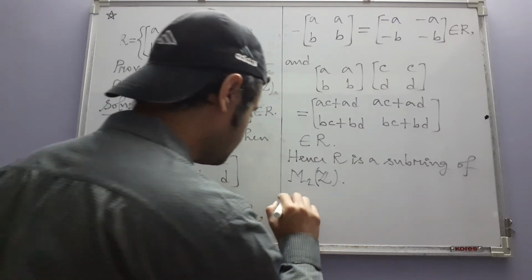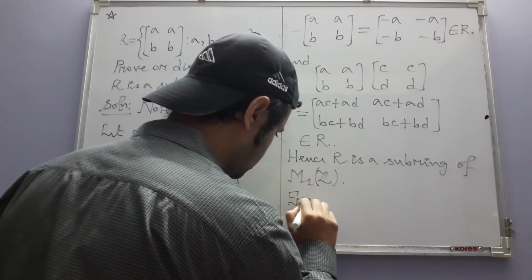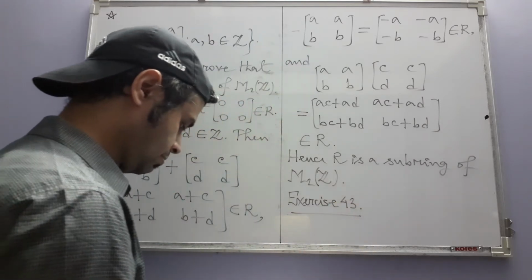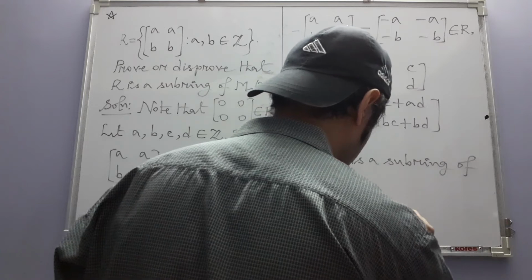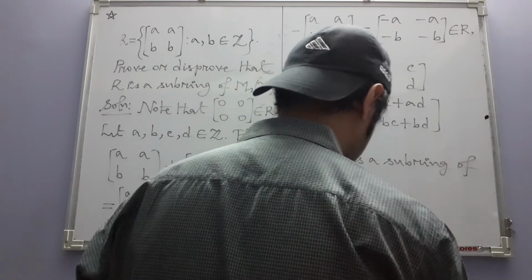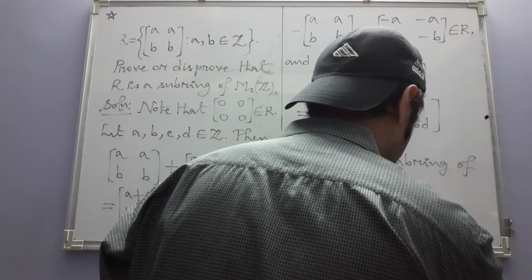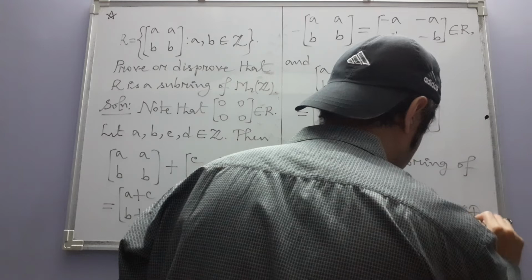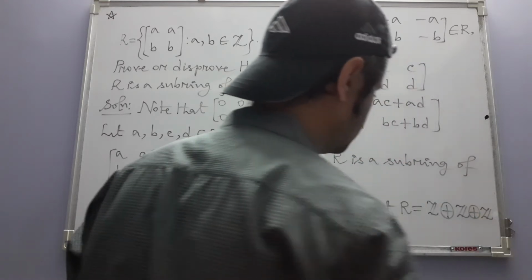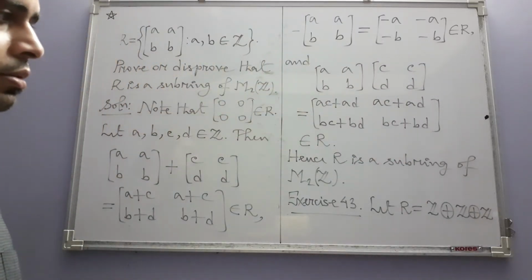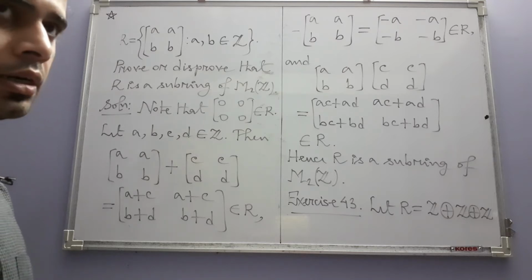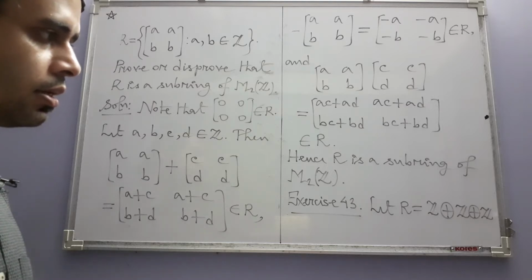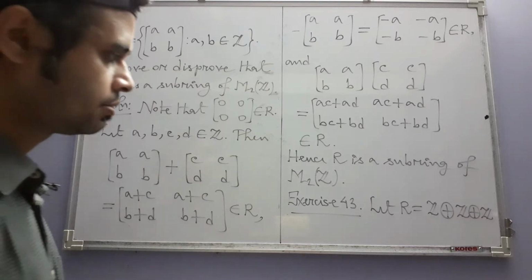Next, let R be the direct sum of 3 copies of the ring of integers. So that means the elements in R are ordered triples of integers, and in this ring addition and multiplication are defined component wise.